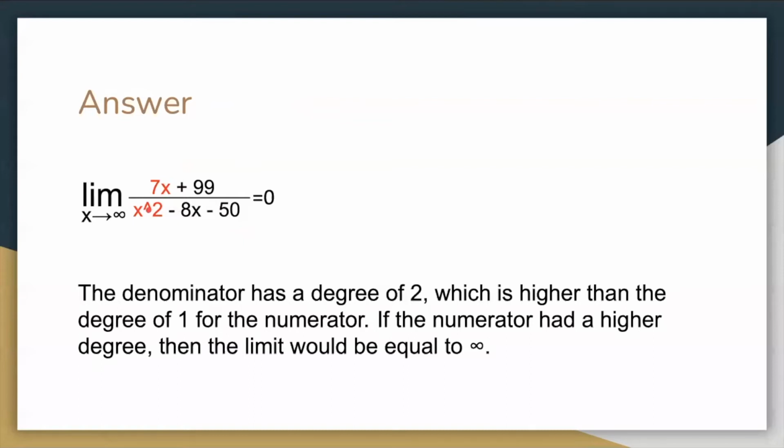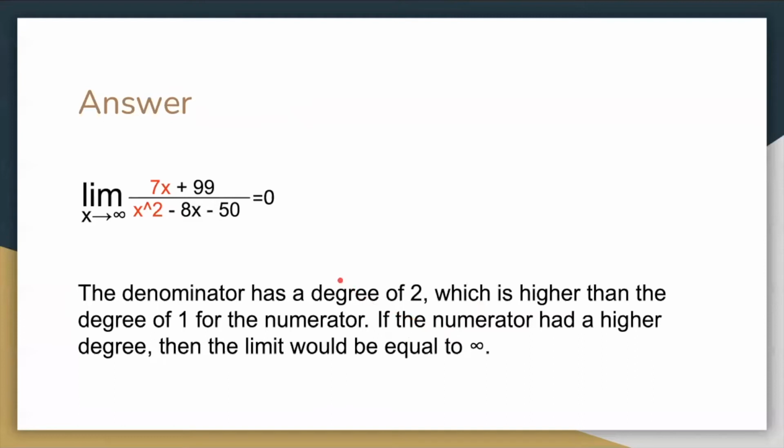So because the denominator has a higher degree, it's going to increase a lot faster than the numerator. So therefore, this limit is equal to 0. And if the opposite was true, if the numerator had a higher degree than the denominator, then the numerator would increase a lot faster than the denominator, and then the limit would be equal to infinity.